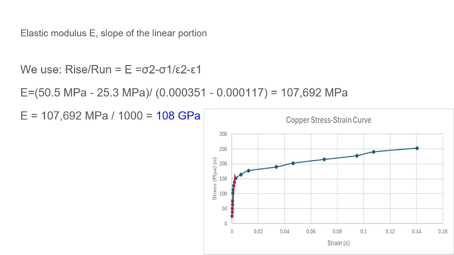It did 50.5 megapascals minus 25.3 megapascals divided by 0.000351 minus 0.000117 to get 107,692 megapascals, which converted over to gigapascals is roughly 108.